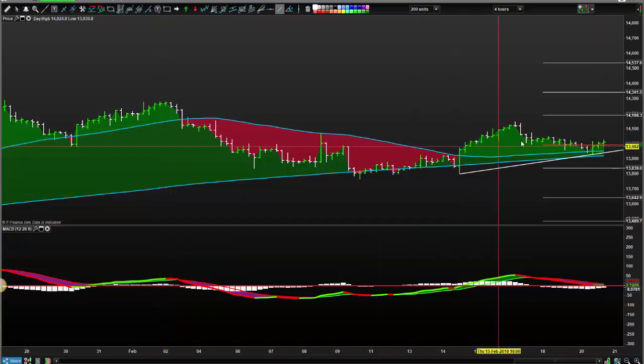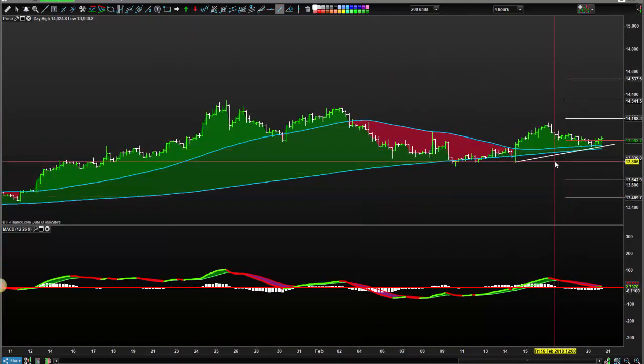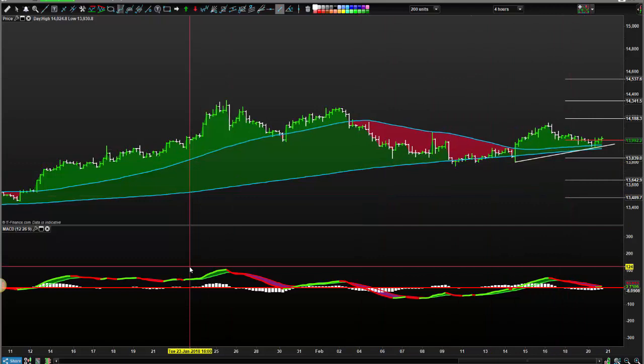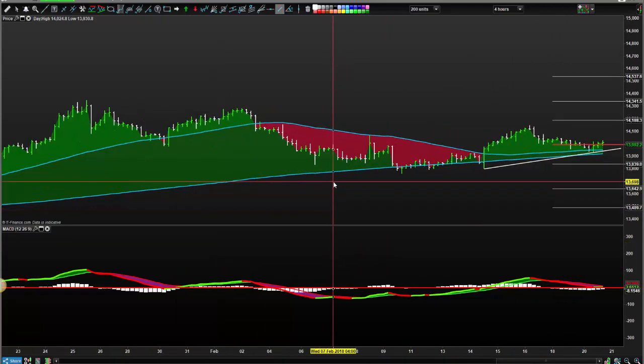Otherwise, if we start closing under here, then this could be all over and we'll see 138 tested. So typically, as you go into a big piece of data, it is sitting on the sideline.